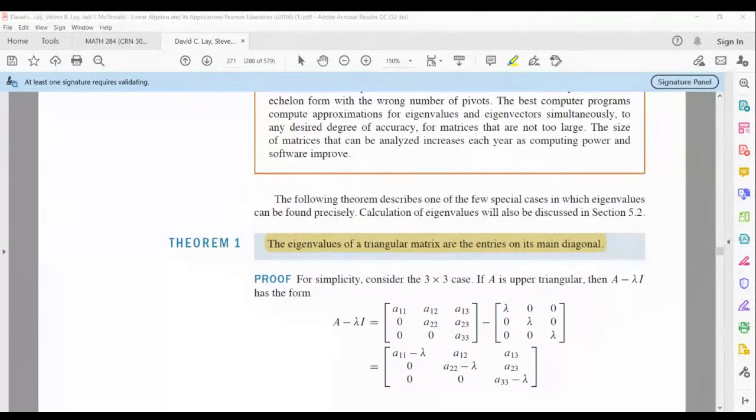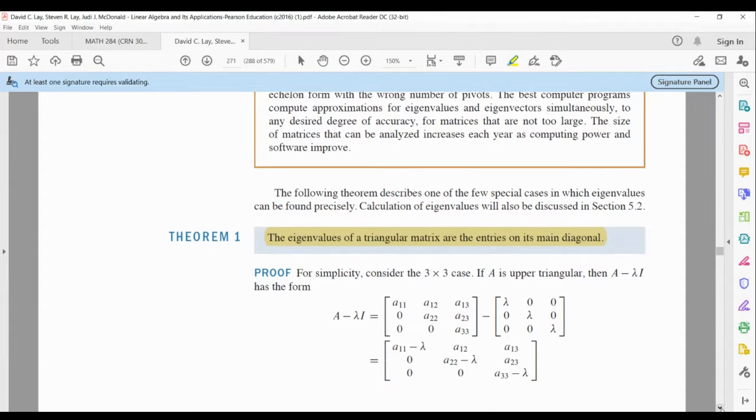And that's going to be a little more obvious when we get to section 5.2. Okay, so let's move forward here.